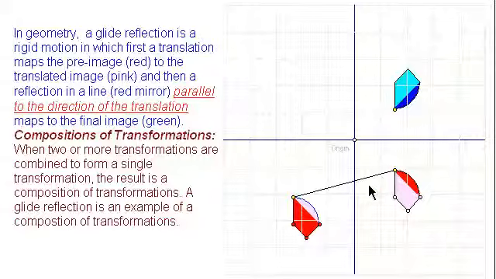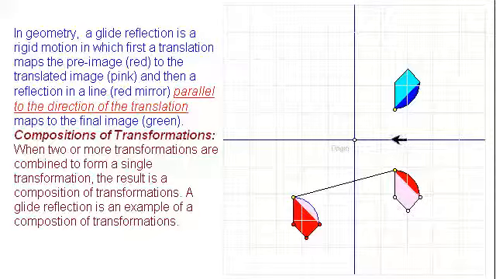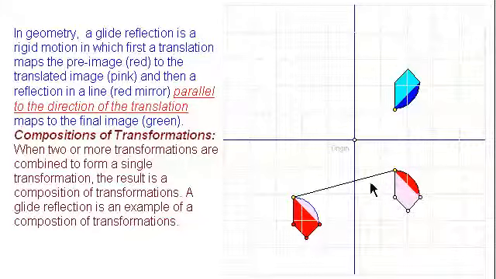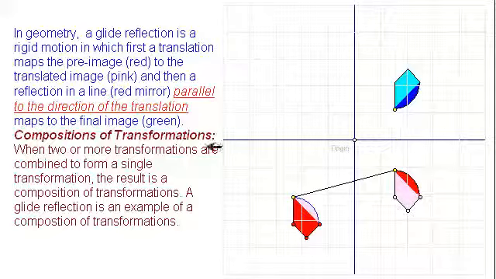So in this case, it is a composition of transformation, but it is not a glide reflection, because the line of reflection is not parallel to the line of translation. We can call this a composition of transformation.